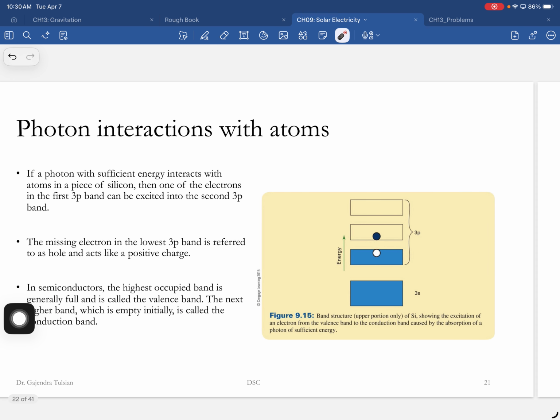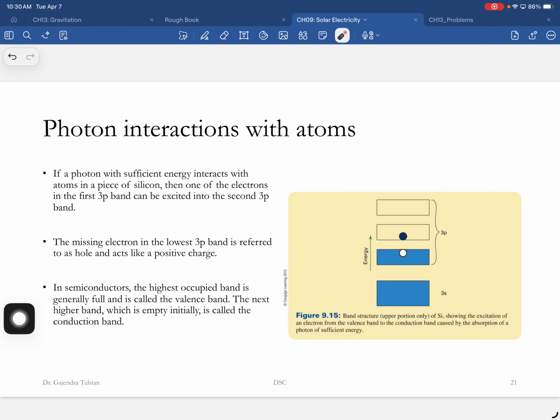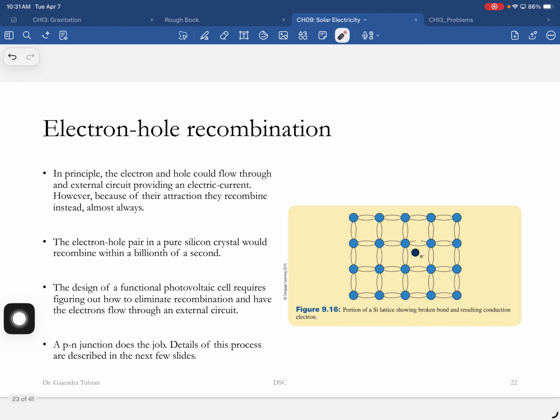In principle, the electron and hole could flow through an external circuit. What you want is for them to flow through an external circuit, for instance, your toaster, and make your toast. Instead they fall together and waste that energy. The sunlight that was absorbed is re-emitted.